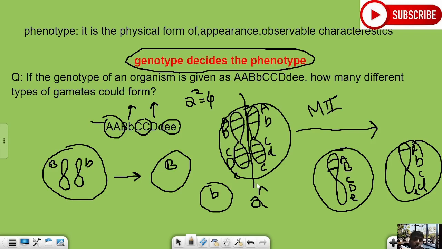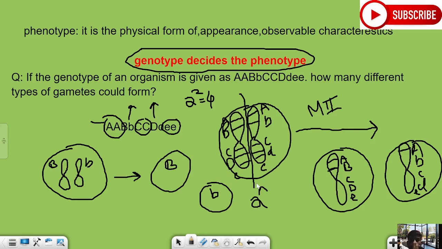This is the condition. If you are given a large genome with many genes, you should count the heterozygous ones and put the number n in the equation.